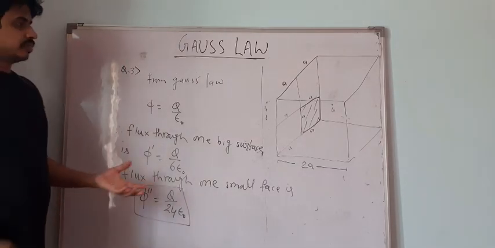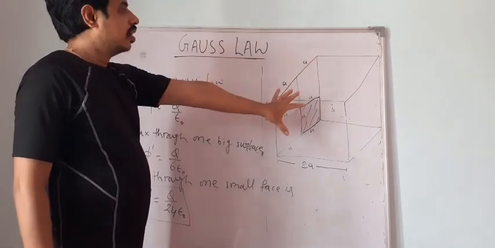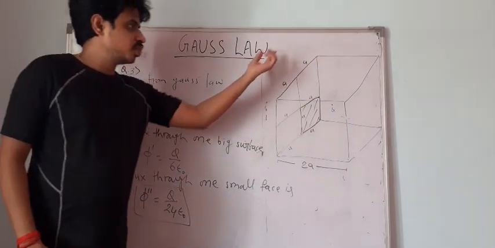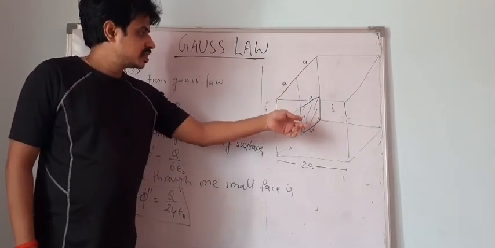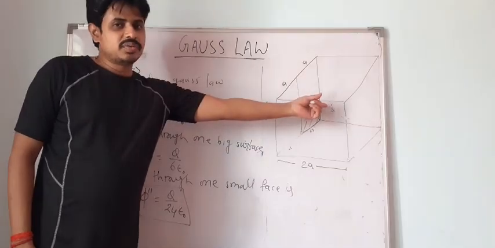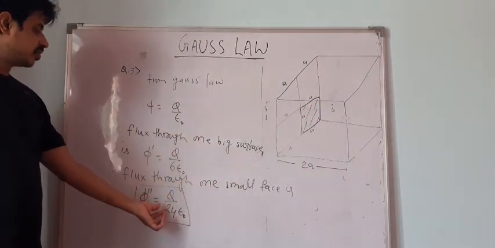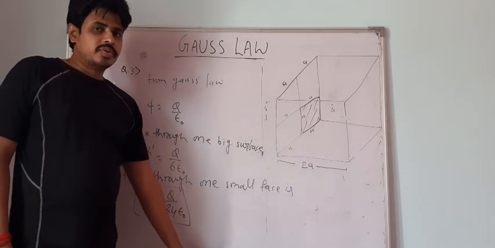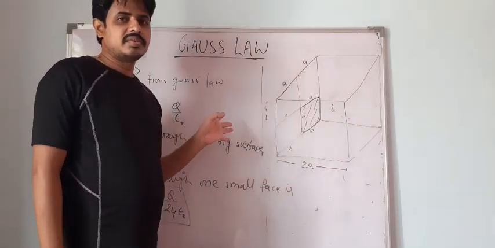So this is the final result. First it is q by epsilon naught through all the 6 faces, and q by 6 epsilon naught I got as the flux through one bigger face, and further these 4 small faces are symmetric with respect to this charge q. So through one we can divide by 4 further, and it is q by 24 epsilon naught. So that's it for today. In the next video we will discuss dipoles.